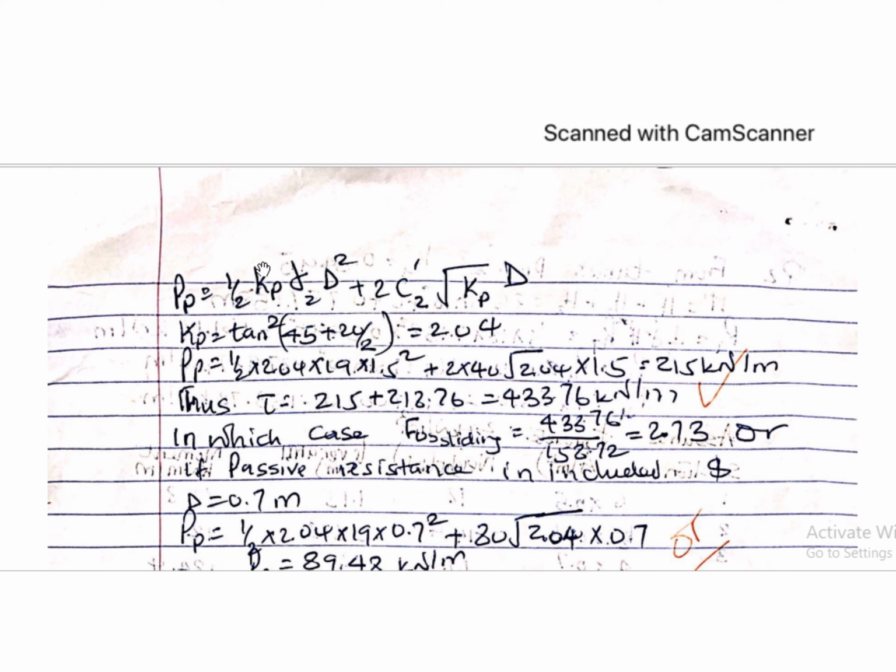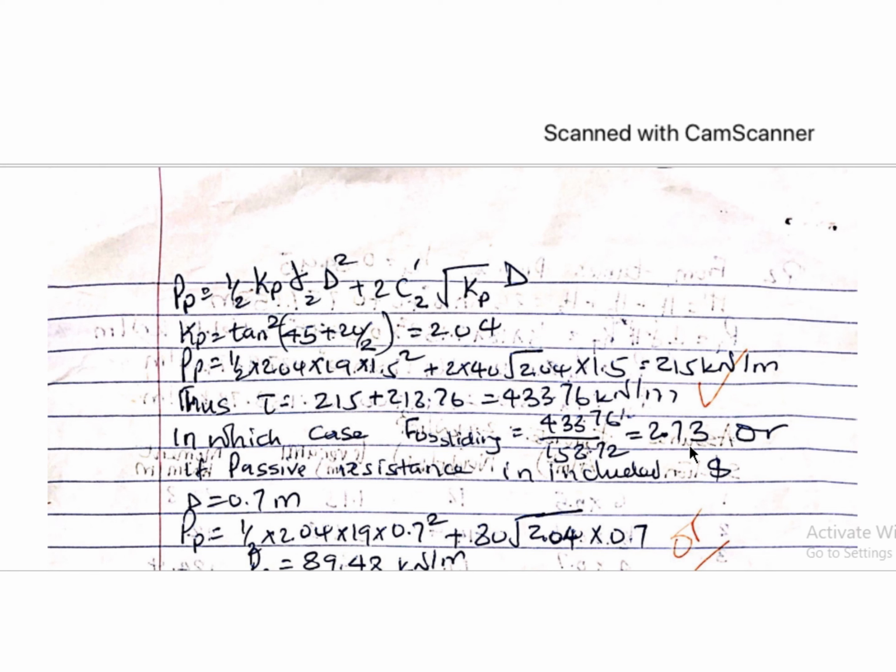The only difference is to calculate the passive earth pressure. Because there is no slanting on the passive side, we can use the Rankine formula to calculate Kp. So the passive resistance is about 215. If you add it to the initial strength of the soil, you get 433, in which case the factor of safety is 2.73. So if you are using, for example, 1.5, you can see the factor of safety now is quite satisfactory.